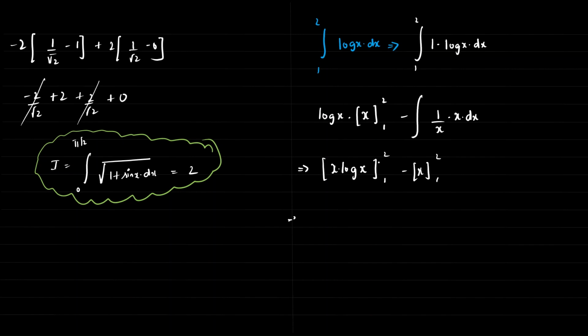So let me substitute the same. When 2 is substituted, it is going to be 2 log 2 minus 1 log 1, minus 2 minus 1.